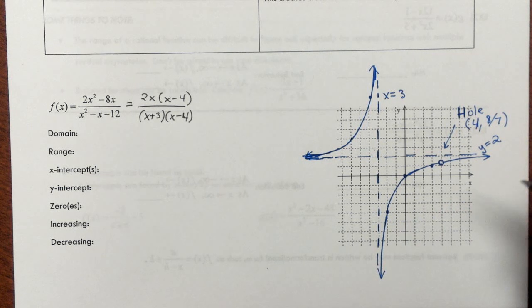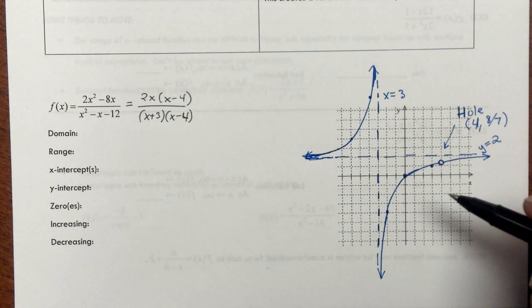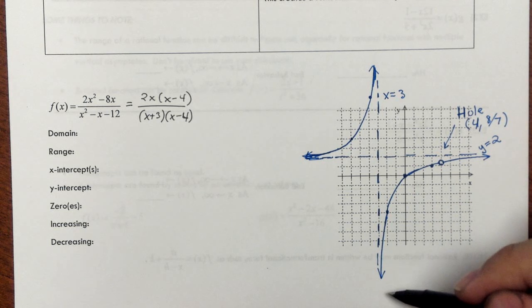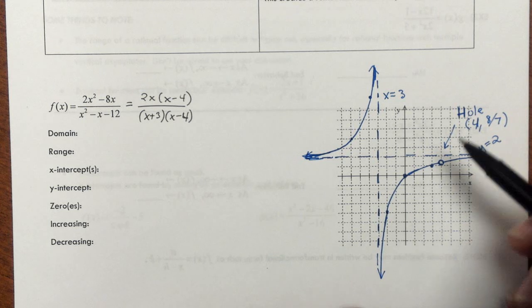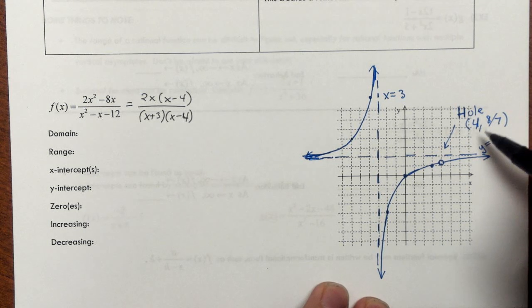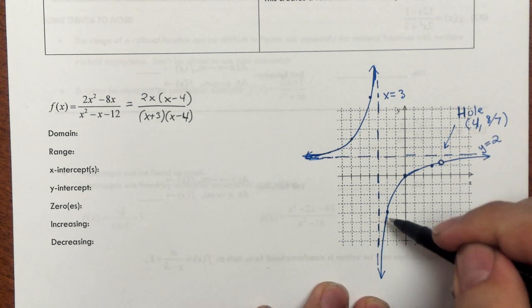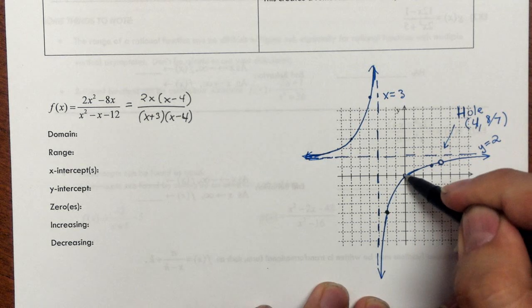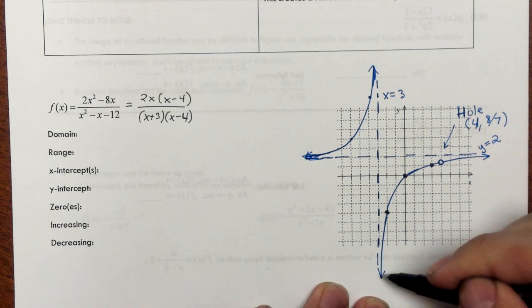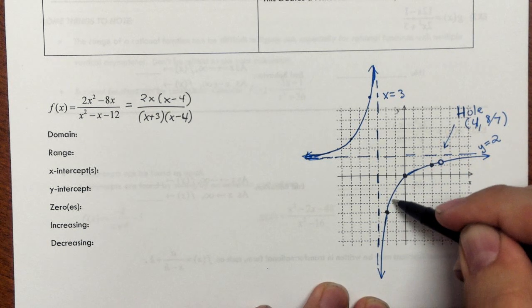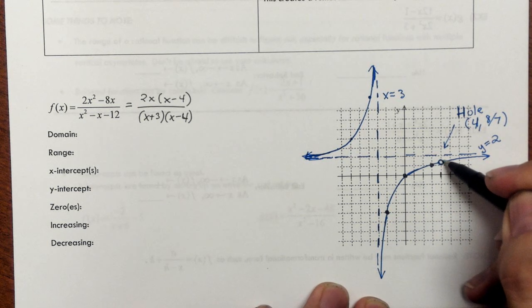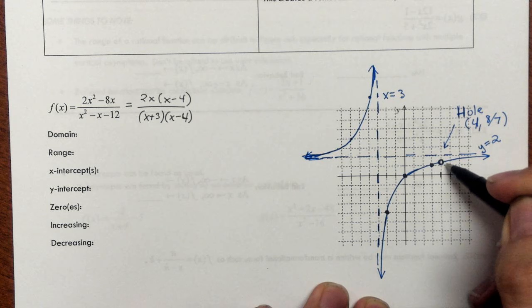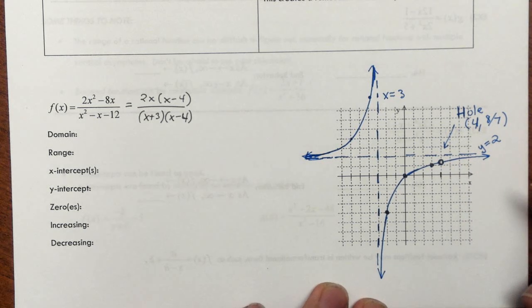Most of the points on these curves are not going to be very good, so really 2 or 3 points is probably going to be more than enough just to get the right idea of where it lies and how it behaves. You see I've plotted my hole. I did find the coordinates, but again, the idea is once I have these points, I know I'm going to curve through this, and when I get to where x equals 4, I know I have a hole. So you see I've just inserted an open circle and moved on from there.